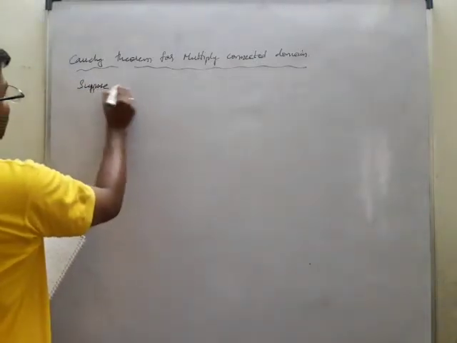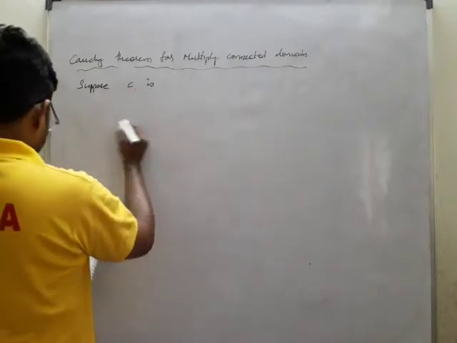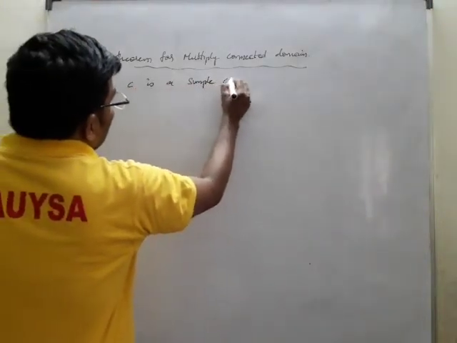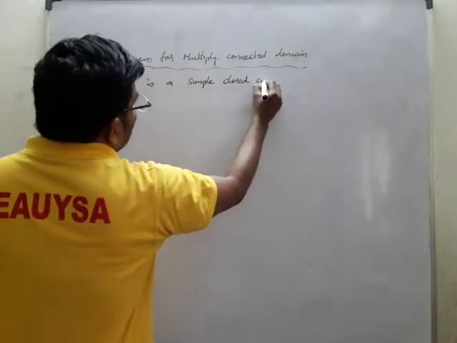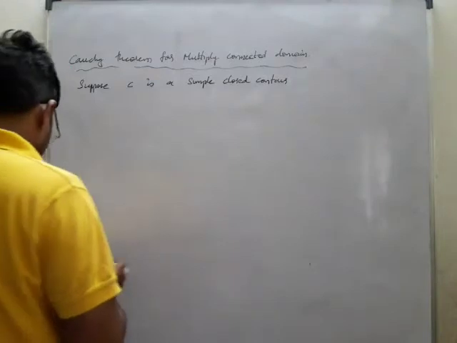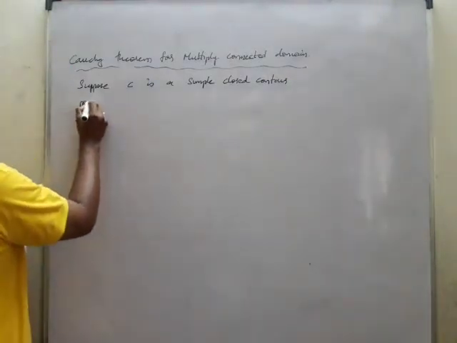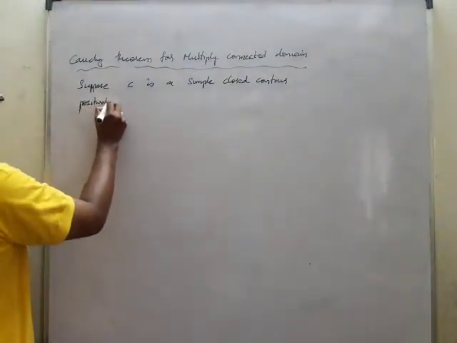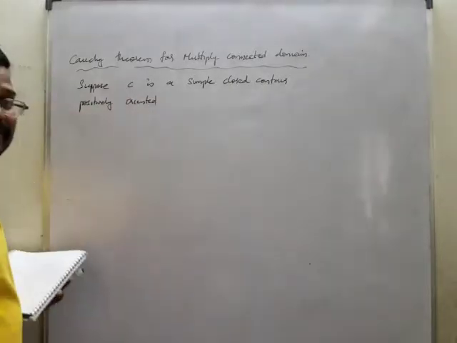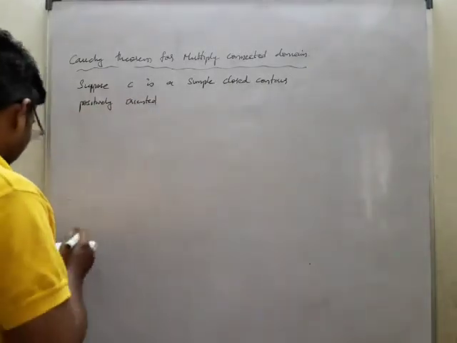Suppose C is a simple closed contour, positively oriented.